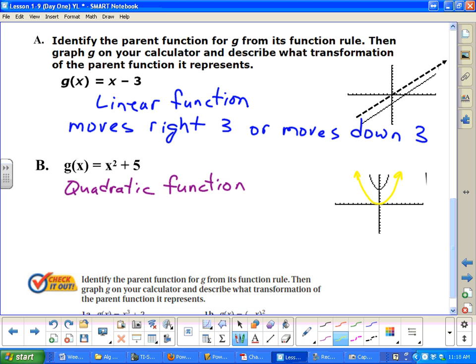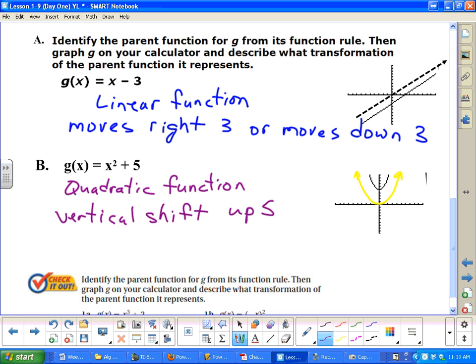It didn't get smaller either. Okay? Dylan wants to help you out. What did it do, Dylan? It went up 5 places. Okay? So this is a vertical shift is what we call it. All right, when we're talking about it moving up or down, it's a vertical shift up 5.